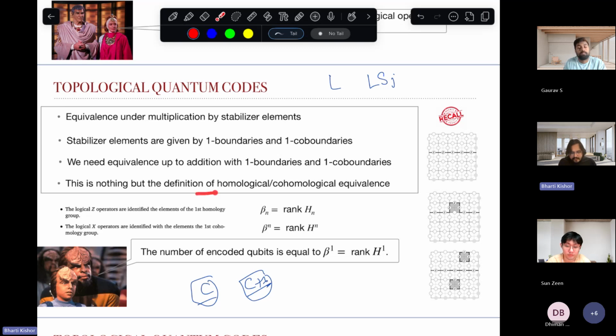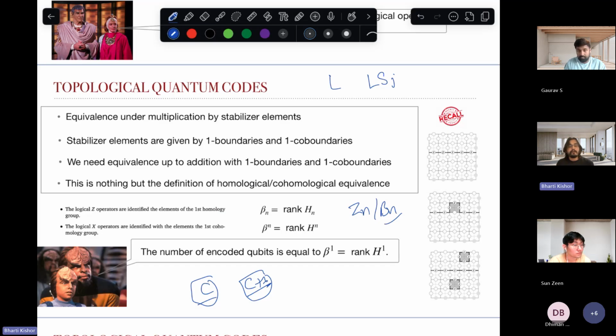But this is nothing but the definition of homological and cohomological equivalence from last time. So you have this group Hn, which comes from Zn modulo Bn, where Bn is the group of boundaries. You quotient it out, and that gives you the homology.